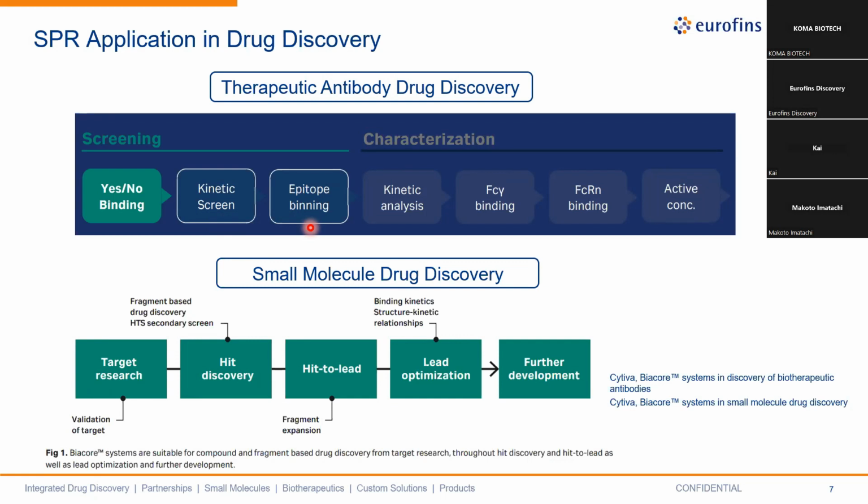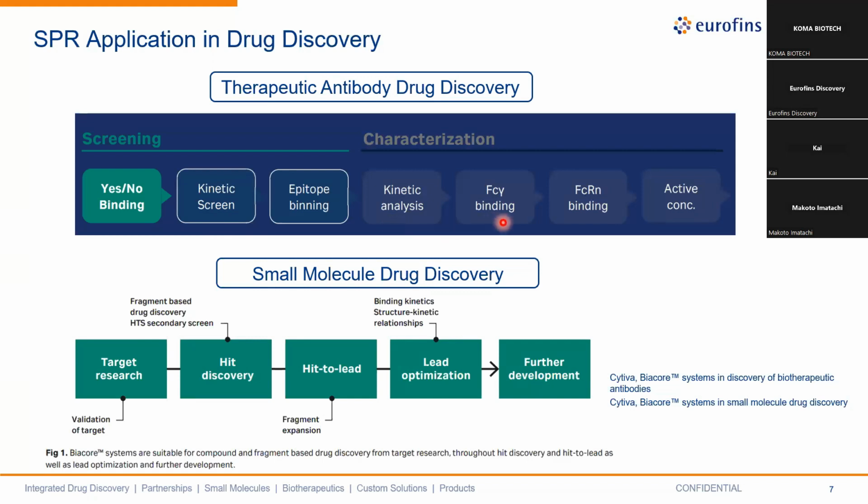You can classify them, bin them into different classes, to know where they bind on the antigen. And after you finalize the antibody, you humanize it, and then you can do the kinetic analysis to determine its affinity and also kinetics, on-rate and off-rate.